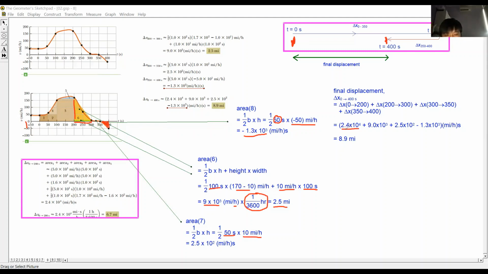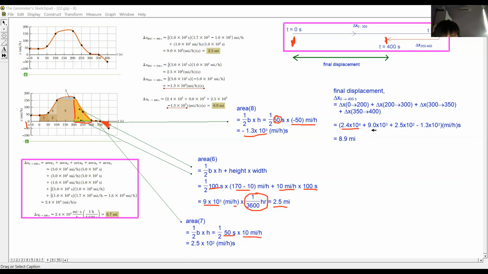Now this number is not yet converted into miles. We have not yet multiplied with 1 over 3600, 1 hour over 3600 seconds. Now where does this number come from? It is the difference in displacement from 0 to 200 seconds.